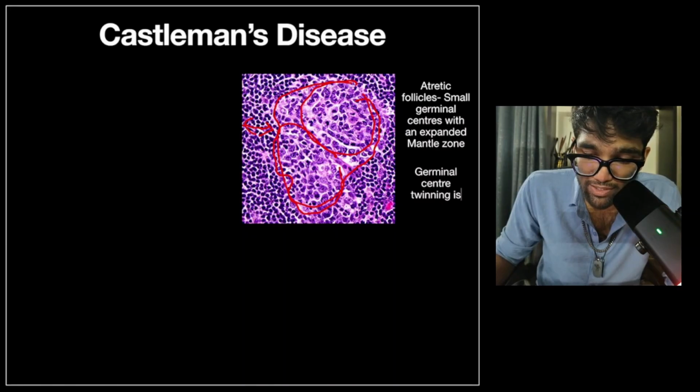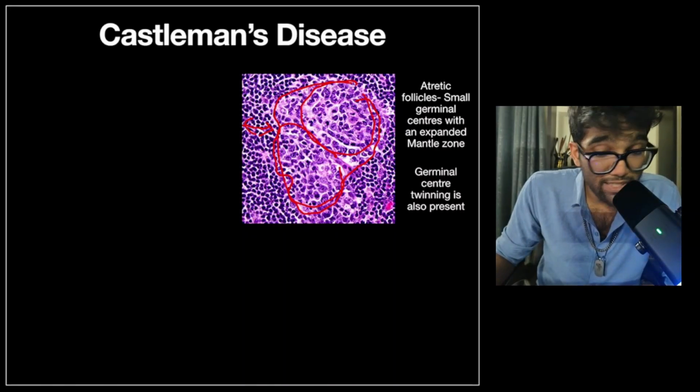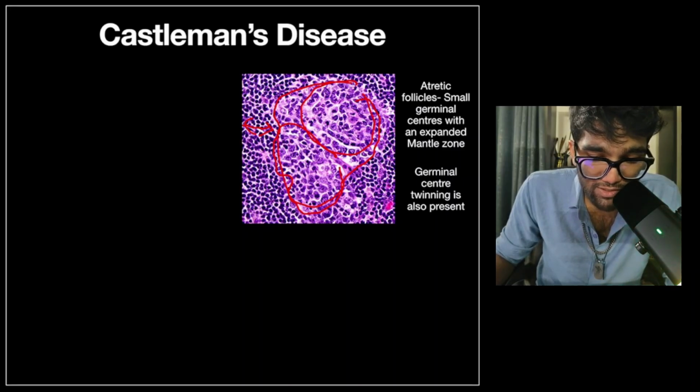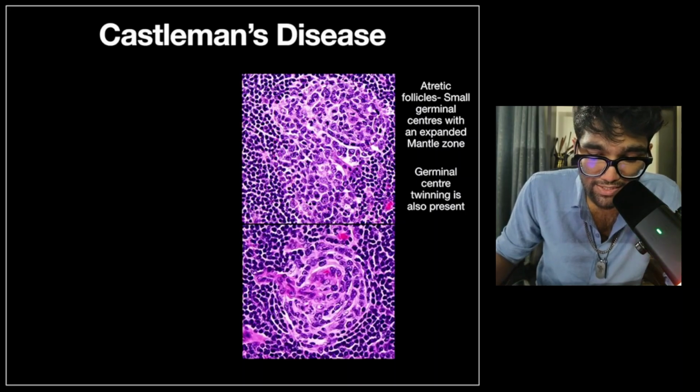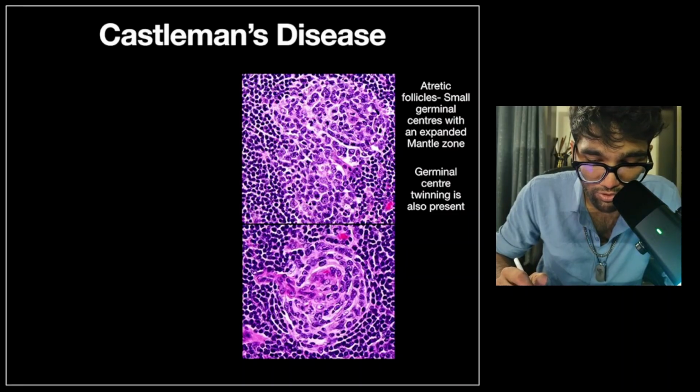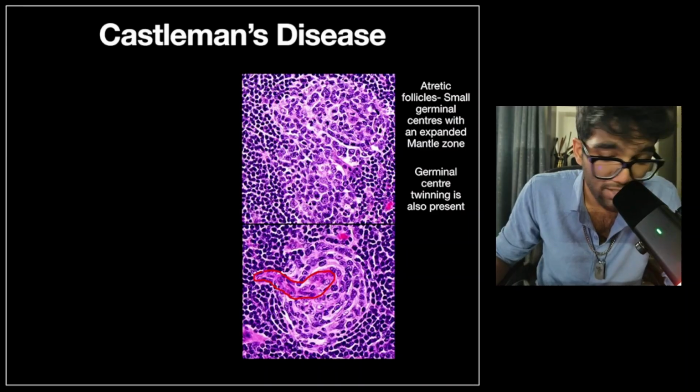Now, like I said, there are two germinal centers surrounded by a very expanded mantle zone, and this does resemble, if you recall, stage three of progressive transformation of the germinal center. But there is something more. In this next section, what we see in a similar atretic follicle is an expansion of this kind of hyalinized blood vessel.